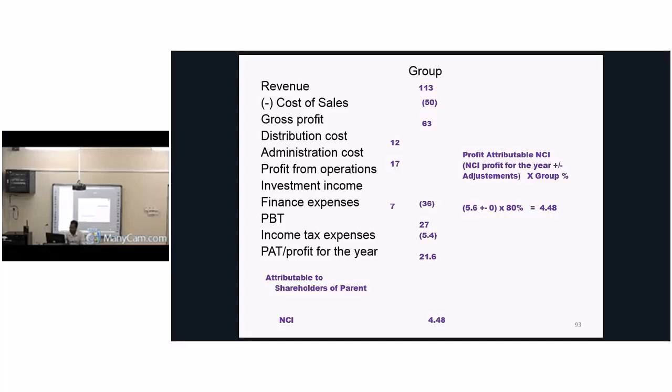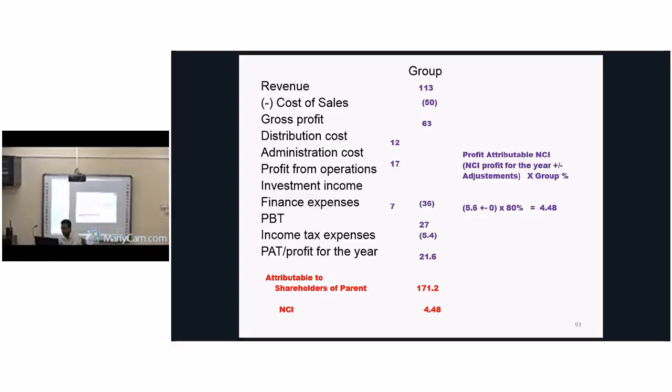The balance should be attributable to whom? 21.6 minus 4.48, it is 171.2, it is to the other parties. That's how we have to split that.